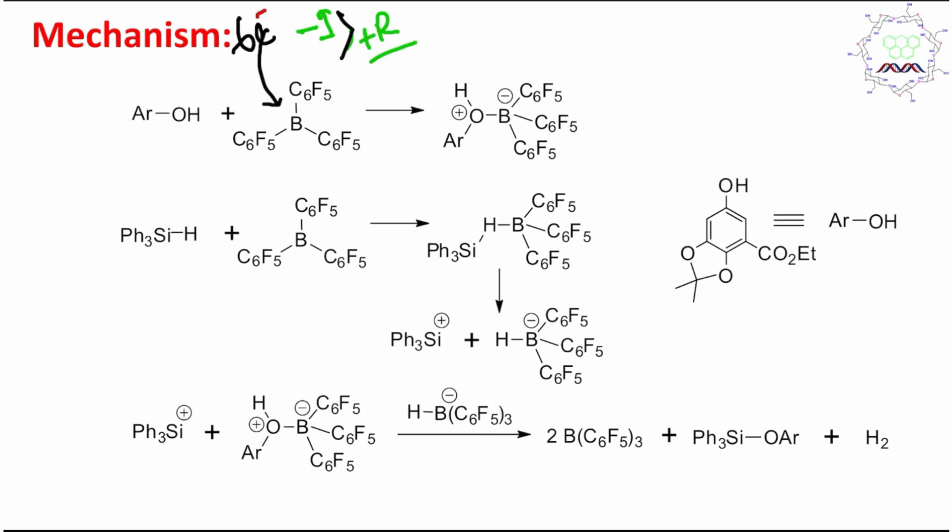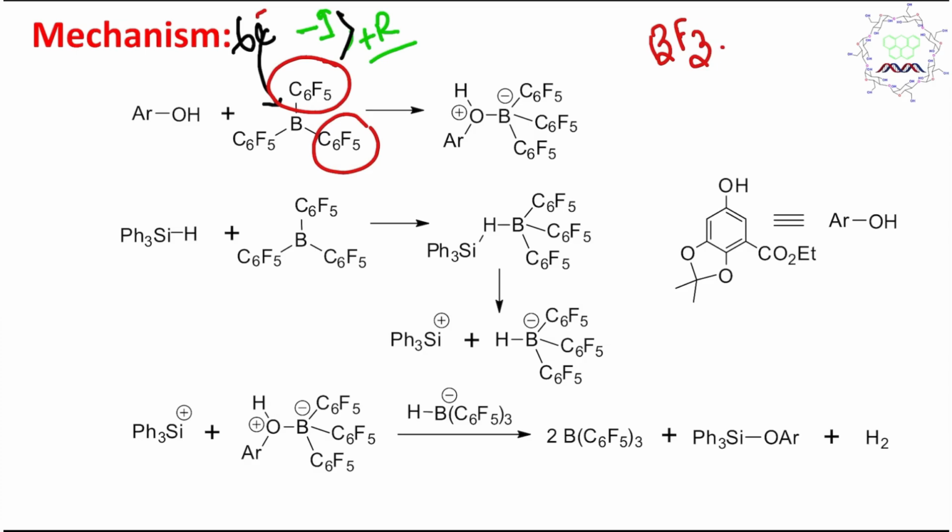But if you compare it with other simple boron reagents like BF3, what is the difference? These three bulky groups are surrounding the boron. So it is electron deficient, but it is sterically protected. Consequently, not every molecule can approach the boron center because of these three bulky C₆F₅ groups.